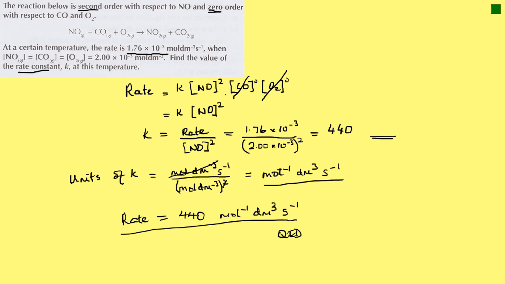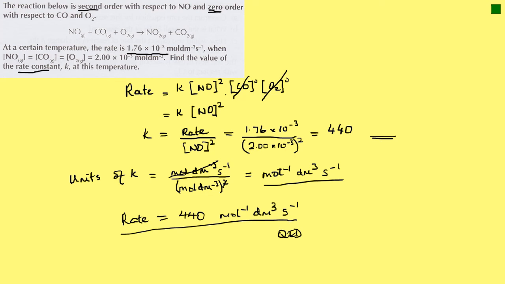If you've not done that sort of maths, then we'll deal with that separately. So you're going to have mole to the -1, dm cubed, and you've still got your seconds to the -1 there. So that would be the units of K: mole to the -1, dm cubed, seconds to the -1.